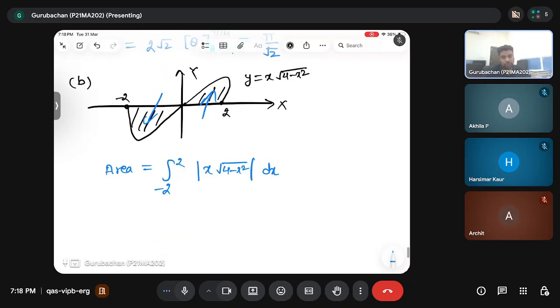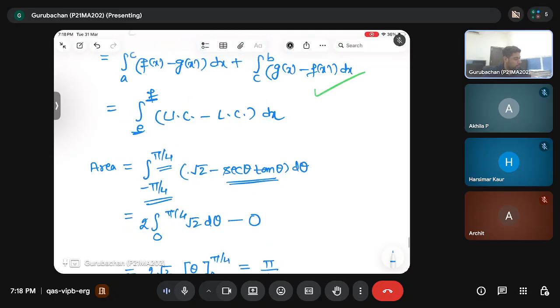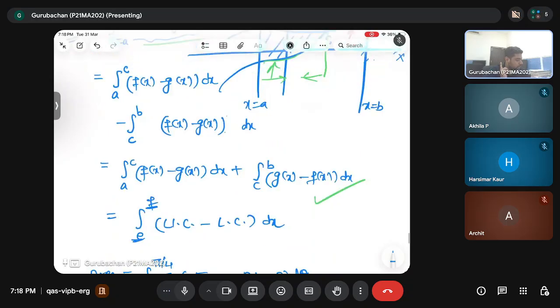So one approach is to take the mod and solve from minus 2 to 2, and another approach, as I told you, is upper curve minus lower curve. Try this first of all. Also I would like to mention one point here. Since I mentioned upper curve minus lower curve, here it is dx, so the upper curve must be a function of x, and similarly the lower curve must be a function of x.